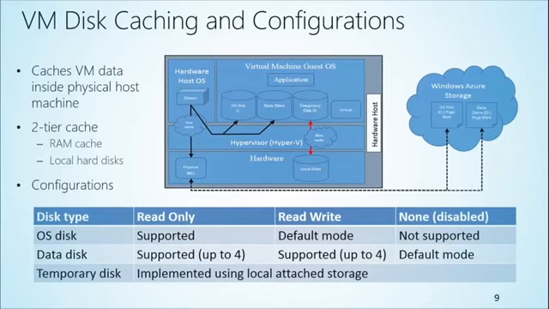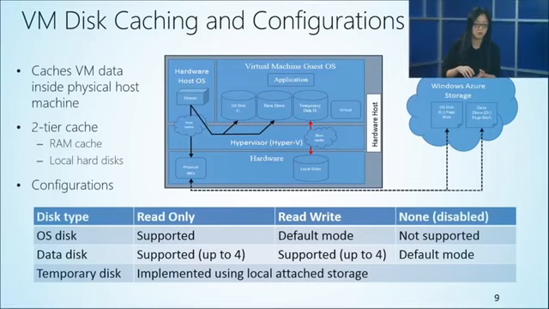Of course, as with all caching mechanisms, it is meant to shortcut some of the data so that you don't have to go to the back end, which is the Windows Azure storage, so that you can leverage the local storage. In here, you can leverage two tiers. One is your RAM cache, and the other is your local hard disks.